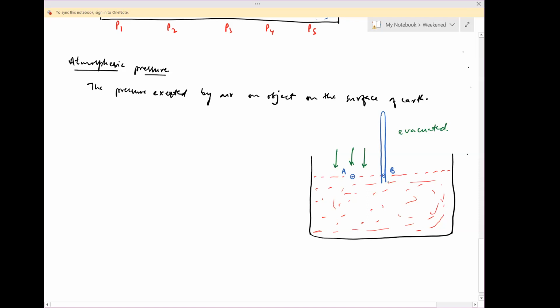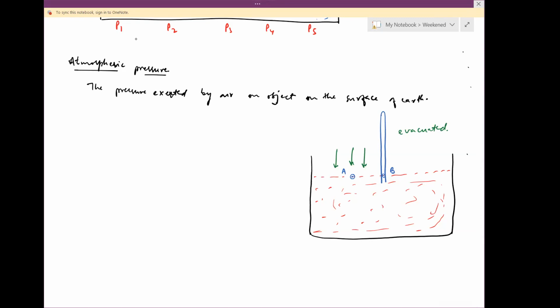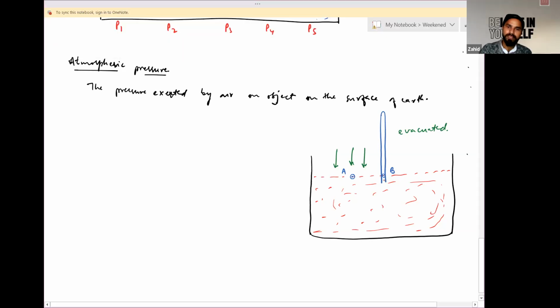Yes. Due to which level of liquid start rising in this tube, let's say up to this point, whose height or column is measured experimentally as 76 centimeter.